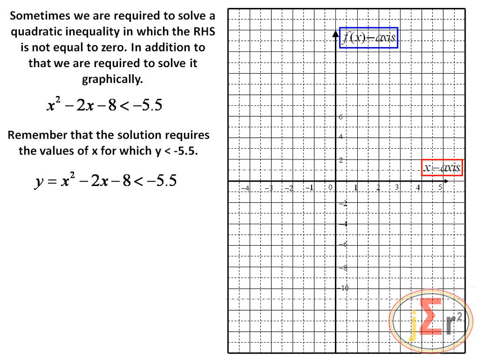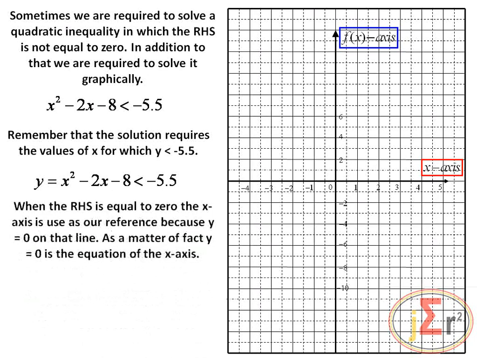Well, when the right-hand side is equal to 0, the x-axis is used as our reference because y is equal to 0 on that line. As a matter of fact, y is equal to 0 is the equation of the x-axis. That line.